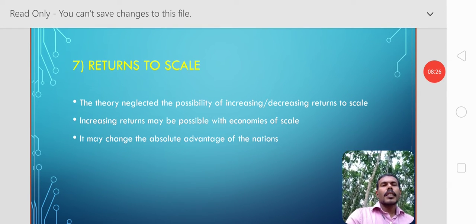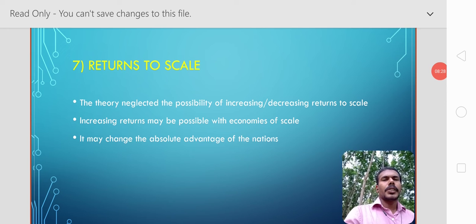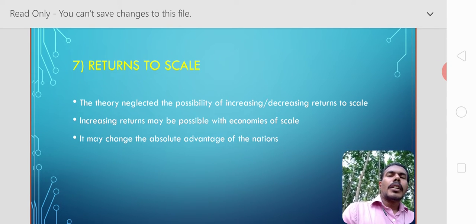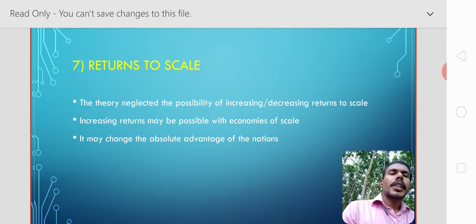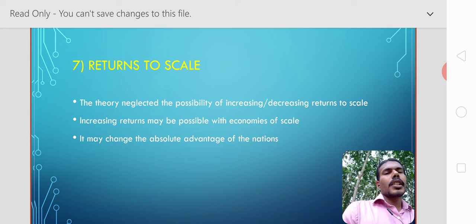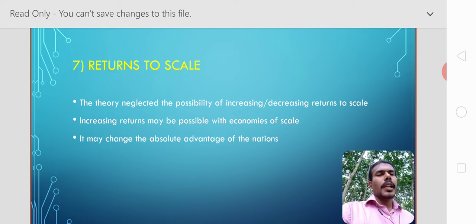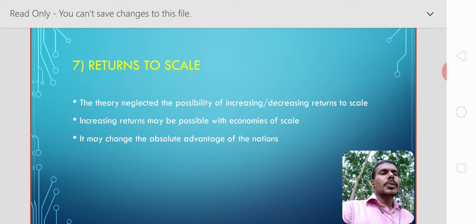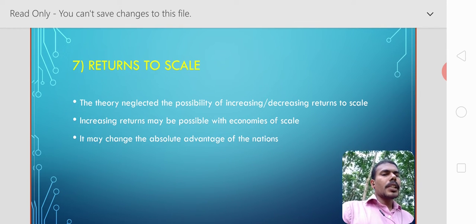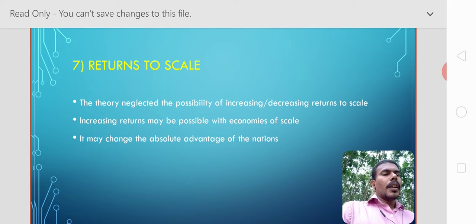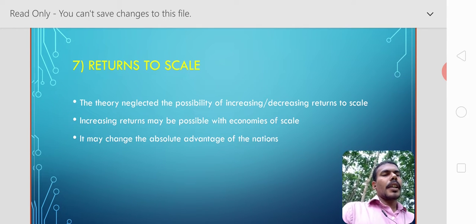So another criticism raised against absolute advantage theory is on returns to scale. According to the classical economists, there will be constant returns to scale in both nations. There will not be any kind of increasing returns to scale or diminishing returns to scale, but in fact diminishing returns to scale and increasing returns to scale are possible in the present day trade situation, as increasing returns may be possible with economies of scale. Economies of scale is possible for large scale production activities.